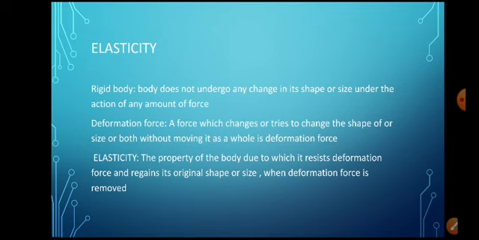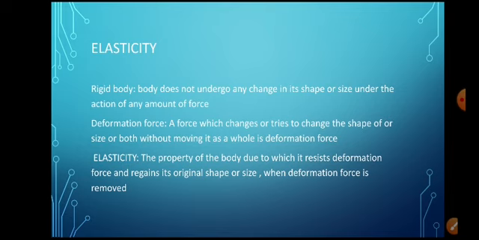Due to this, when you remove the external force on a body, some of the bodies, not every body, regain their original shape and size. Then that property is called elasticity. The material's property of having the ability to regain its original shape and size is called elasticity.